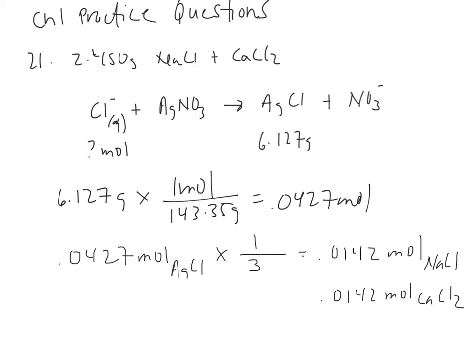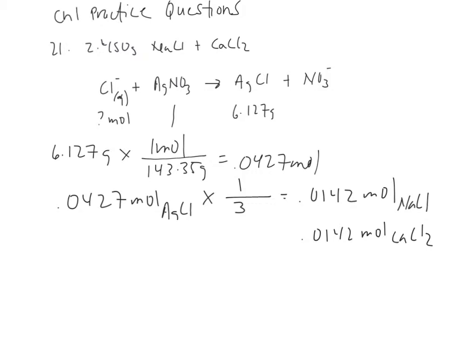So then they want you to go ahead and calculate the percent by mass of sodium and calcium in the mixture. Well, now that I know how many moles of each I have, so 0.0142 moles of NaCl, when I multiply that by its molar mass of 58.44 grams per mole, I come up with 0.83 grams of NaCl.